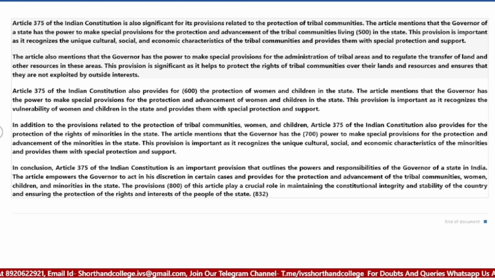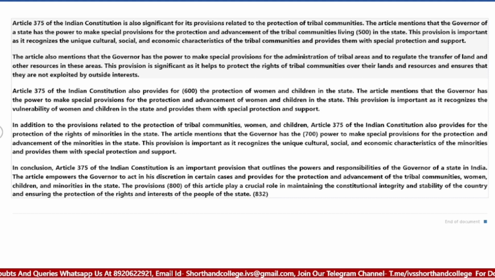The article mentions that the governor has the power to make special provisions for the protection and advancement of the minorities in the state. The provision is important as it recognizes the unique cultural, social, and economic characteristics of the minorities and provides them with special protection and support.